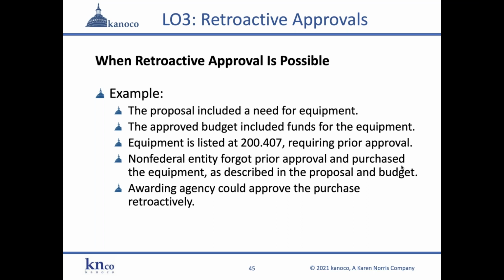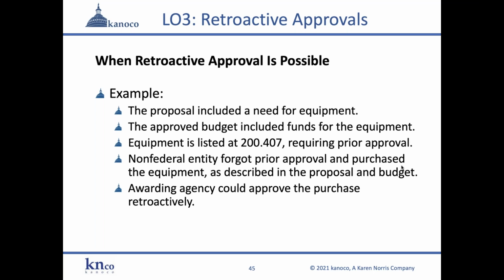Amendments are on that list, and there are like 19 other times that prior approval is required. So if you don't know what that list is at 200.407, a good takeaway after this webinar is to look it up and go get a copy of that list, so you know when you need prior approval.